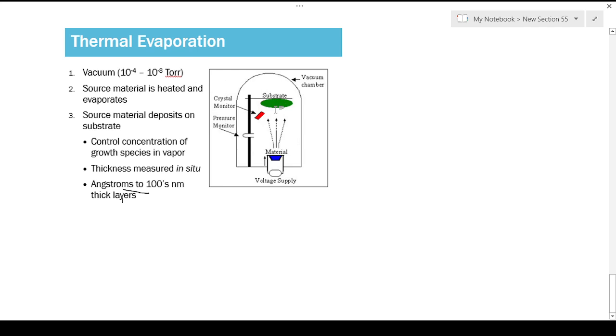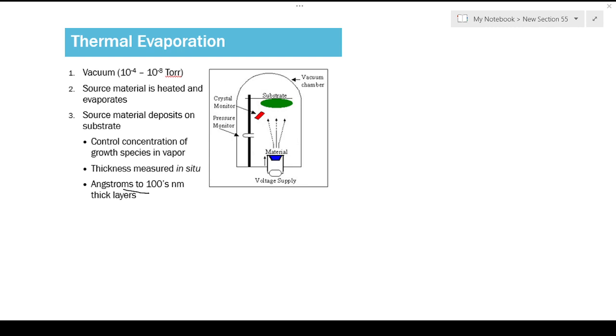This is a simple representation of the thermal evaporation process that we will be utilizing to prepare thin films. Now we'll see the next method. So that is a simple description of the process of thermal evaporation.